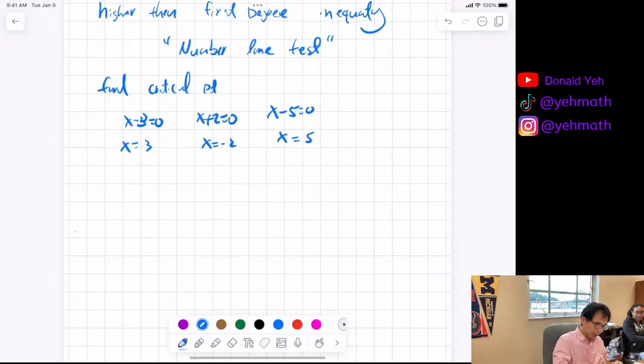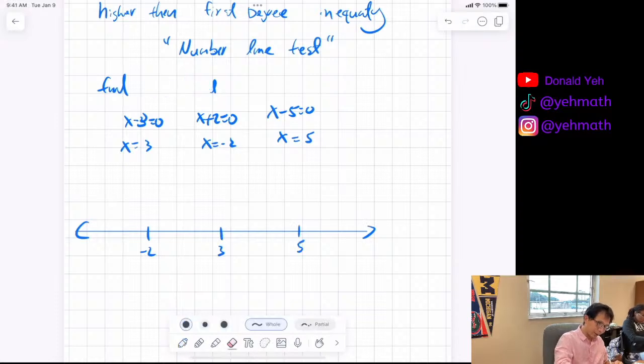And this should be an easy part of the test. All you have to do is line up the zeros, or critical numbers.